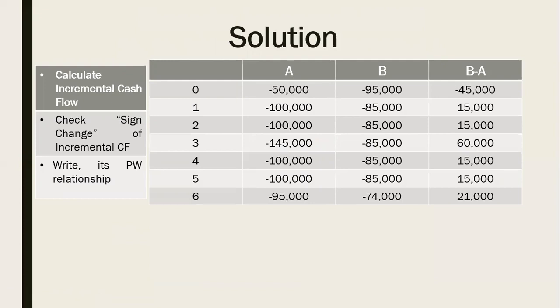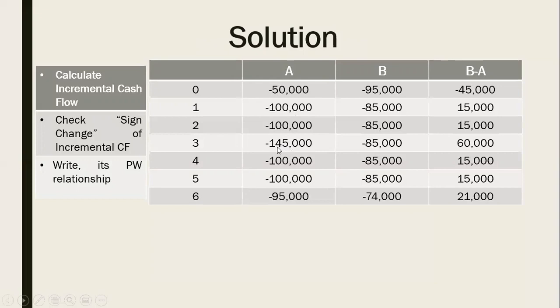For project A at time 0, when we purchase, 50,000 outflow and 100,000 annual expenditure every year. So at the end of year 1, 100,000 outflow, at the end of year 2, 100,000 outflow, and at the end of year 3, 145,000 outflow. Why?